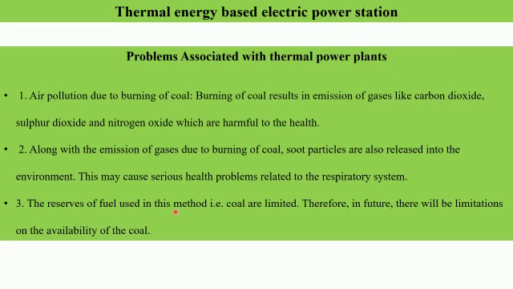Out of them, one of them is coal. So the reserves are few and there will be limitations on the availability of coal in future. So these are some of the problems that are associated with thermal power plants.